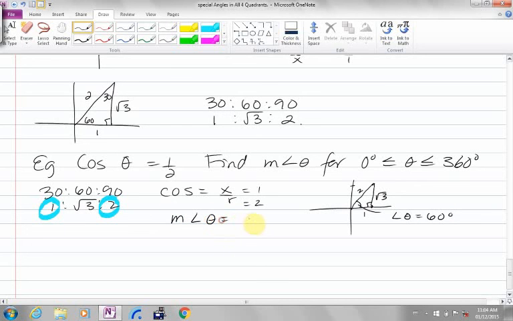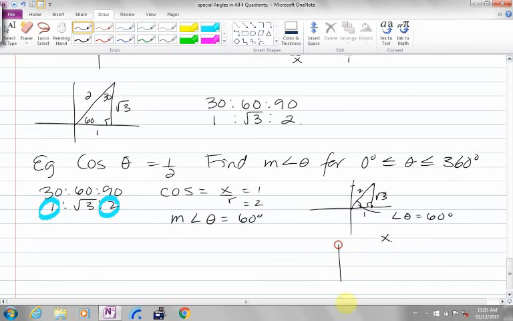Now, is there anywhere else that cos theta would be 1/2? Yeah, kind of. There are always two places that have the same ratio with the same sign. It doesn't matter if you're looking at sine, cosine, or tangent. If I give you the ratio, there will be two angles that have that ratio, always, between 0 and 360 degrees. The other place that cosine is positive is in quadrant 4.